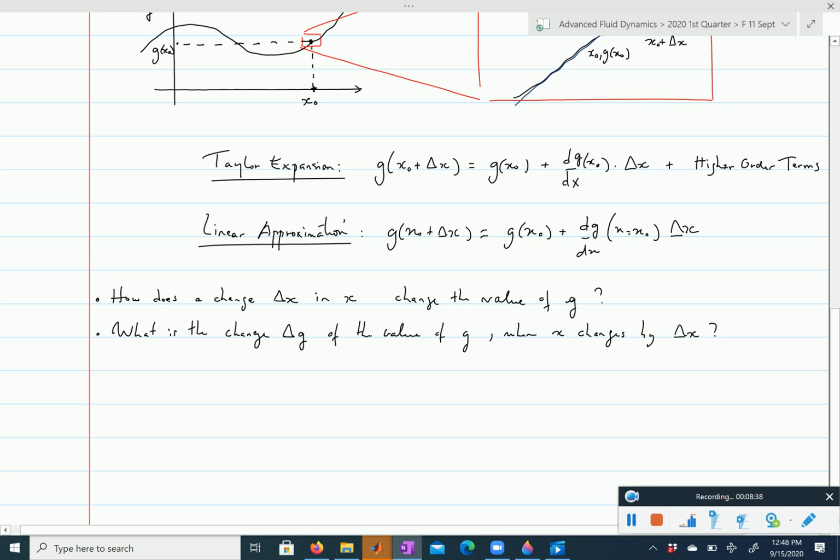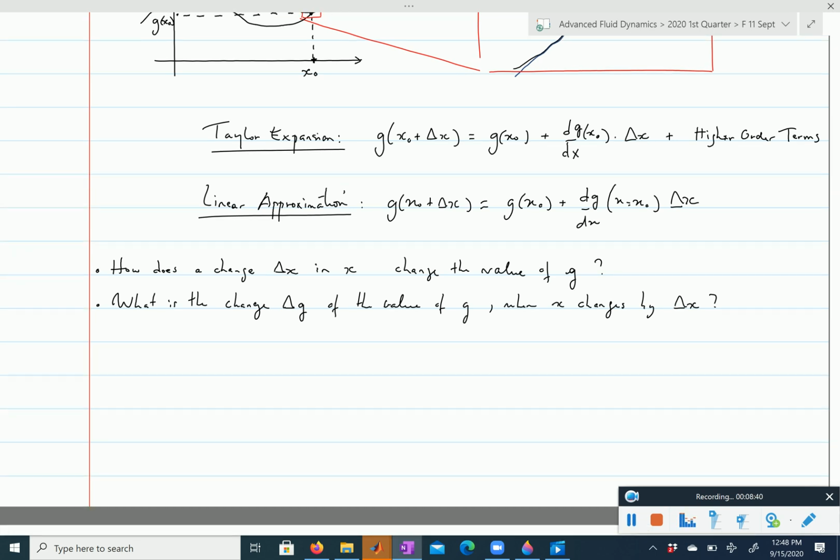Well, then you can directly see here that this delta g is equal to the value of the function at x0 plus delta x minus g of x0. So delta g is just equal to the derivative of g at x equals x0 times delta x.